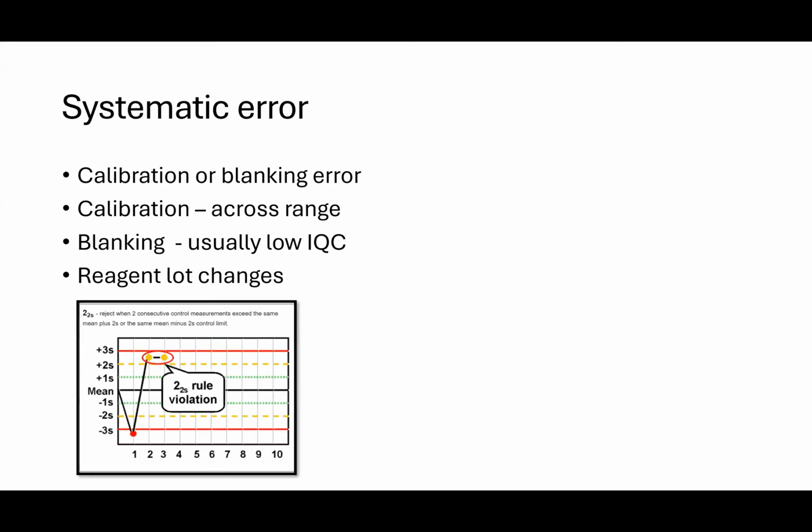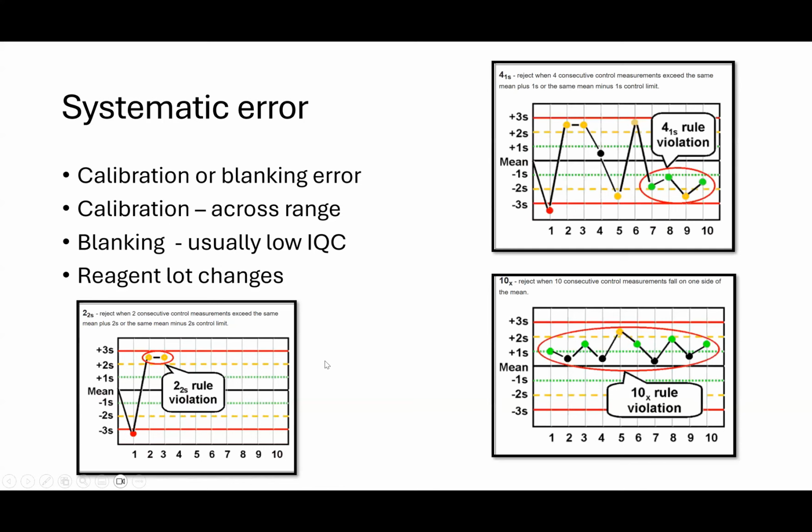So let's think a bit more about the Westgard rules and how you might identify different errors. The two main errors that we might identify with IQC are systematic and random errors. Systematic errors tend to be problems with calibration or blanking, and they can happen with reagent lot changes. These are the types of rules that you may see when there's a systematic error.